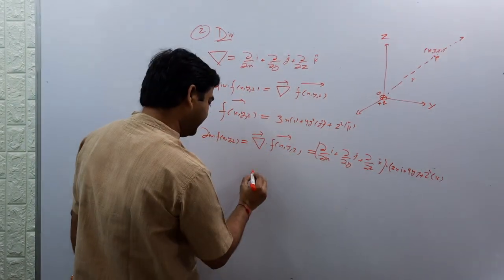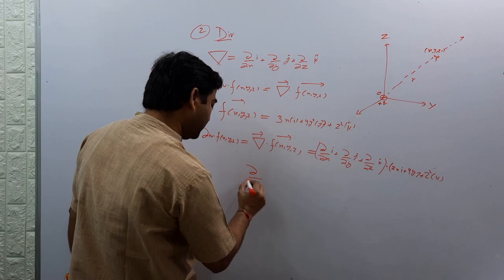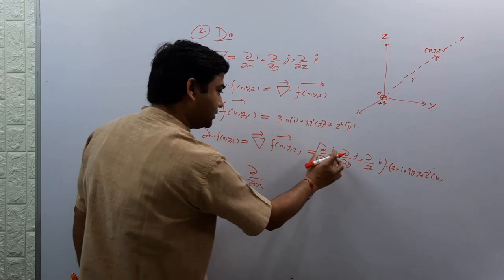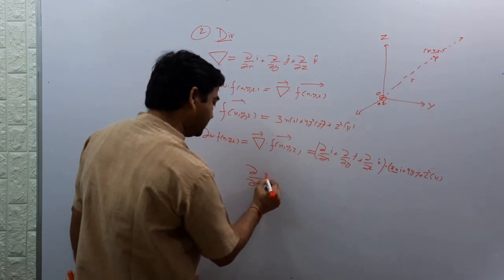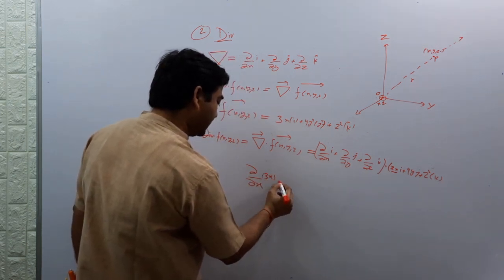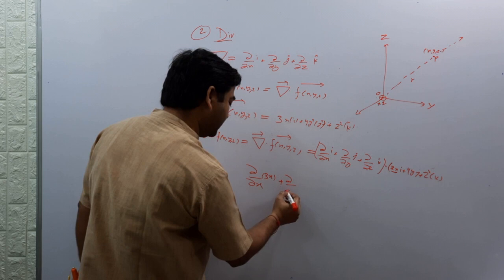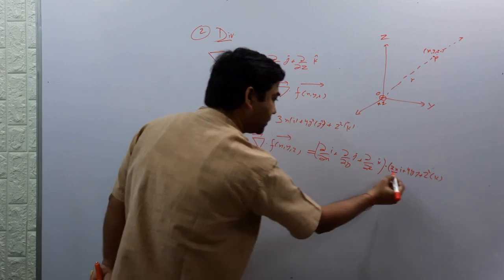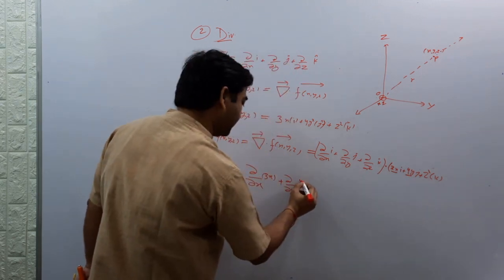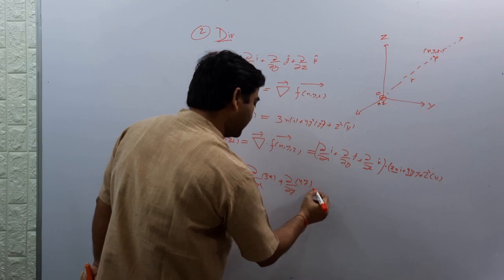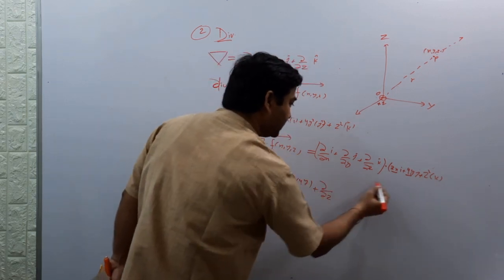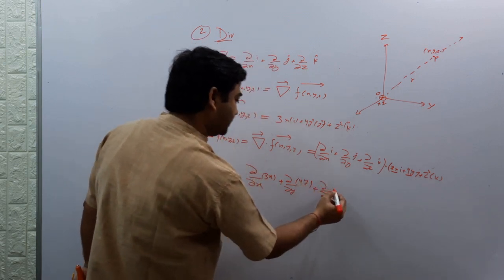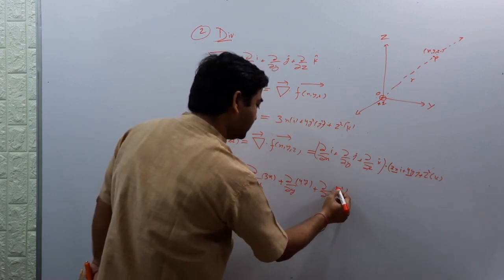So this will be the partial derivative with respect to x of the i component, 3x, plus the partial derivative with respect to y of the j component, 4y square, plus the partial derivative with respect to z of the k component, z square.